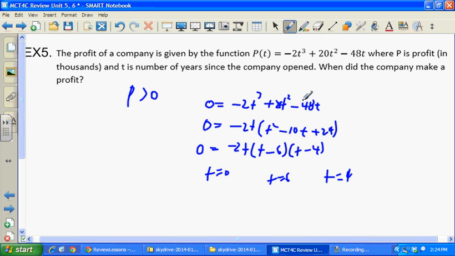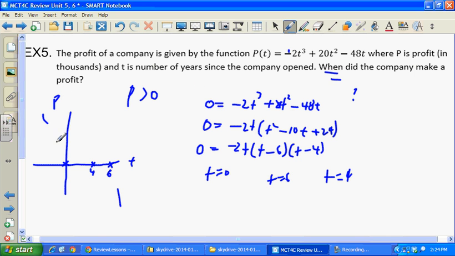But I don't know. The question is when? Well, let's do a little sketch of the graph, right? If this is t, and this is the profit, I know there's a break-even point at 0, a break-even point at 4, and a break-even point at 6. I also know that it's a cubic with a negative leading coefficient, so it starts high and ends low.